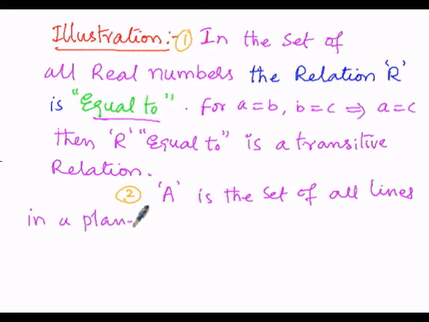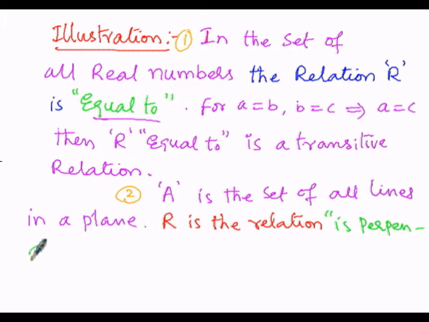The set A consists of different lines, and here we are going to consider the relation R, in which the property is: is perpendicular to. So here relation R, whose property is is perpendicular to, is on set A consisting of the different lines in a plane.